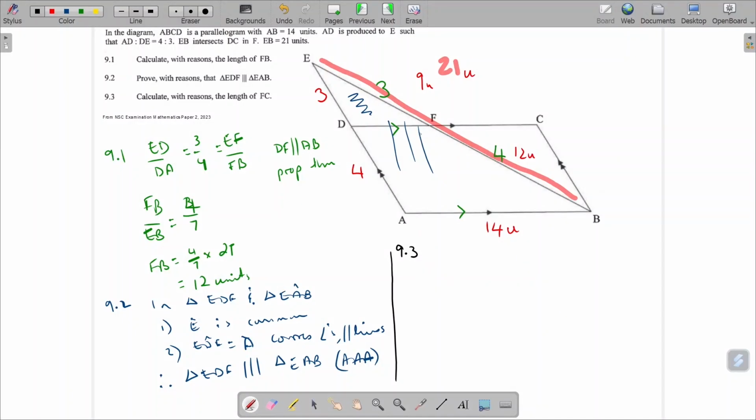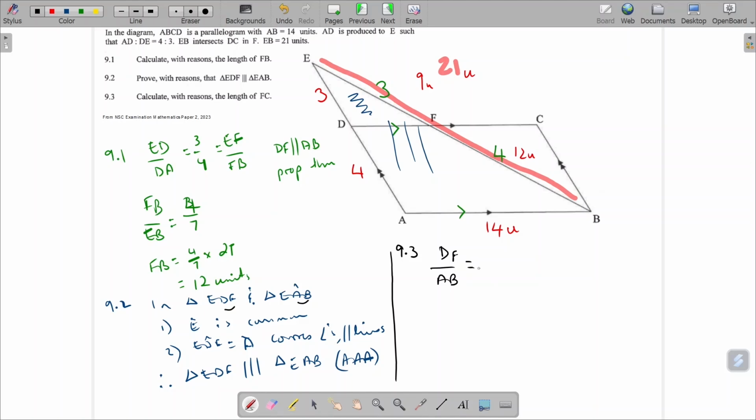This proportion doesn't only exist for the two sides on the outside of the triangle, it also exists for the baselines of this triangle. So we know that the proportion between DF and AB is also equal to what's happening in this big triangle. So if we looked at DF over AB, DF is the second pair, and AB is the second pair over here in our triangles that we proved similar in question 9.2.